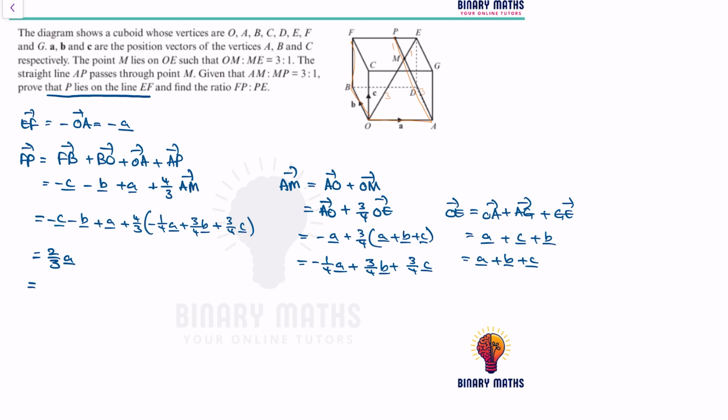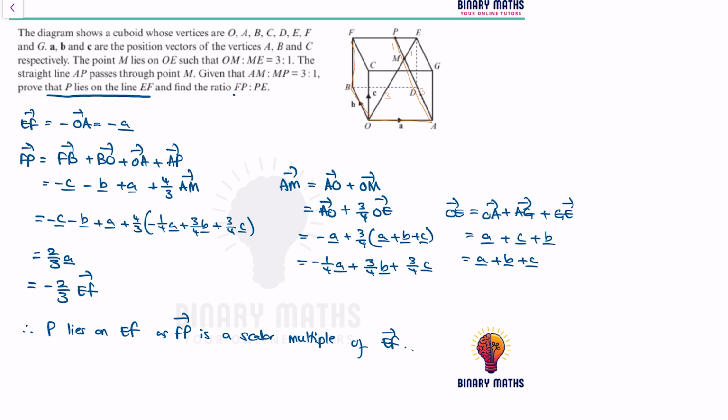So I'll get 2/3 of A as FP, which is negative 2/3 times EF, because EF is just negative A. Therefore, P lies on EF, as FP is a scalar multiple of EF.